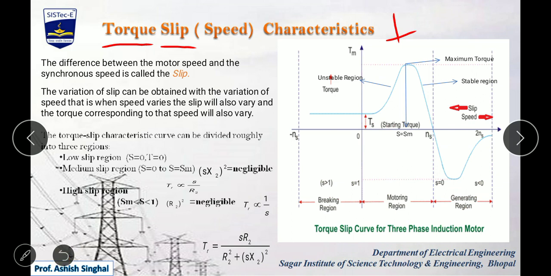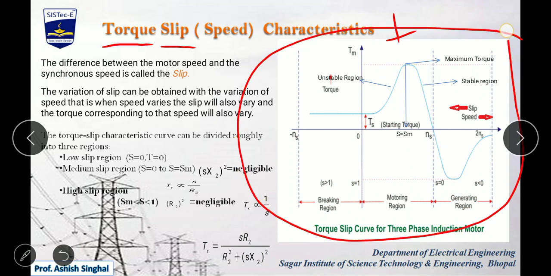In this characteristic, I have taken the total characteristic of slip as well as speed. As you can see, this is the characteristic I have drawn in this figure.